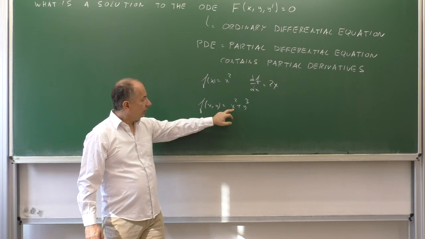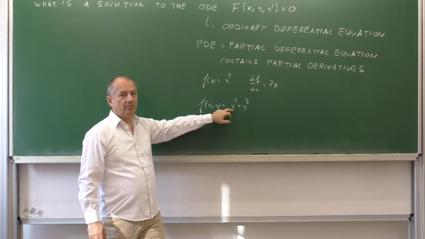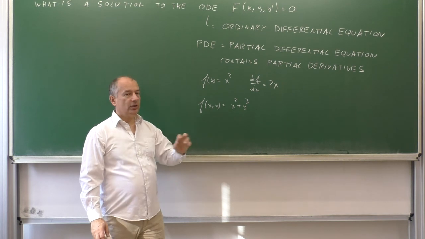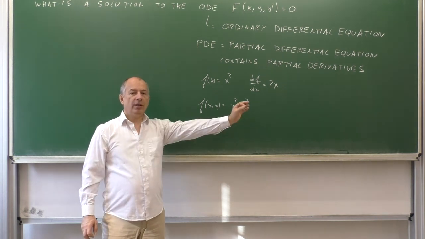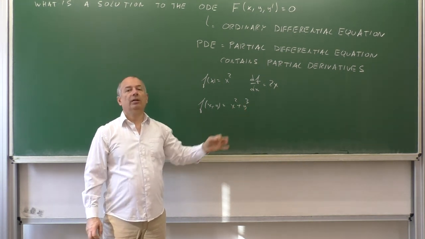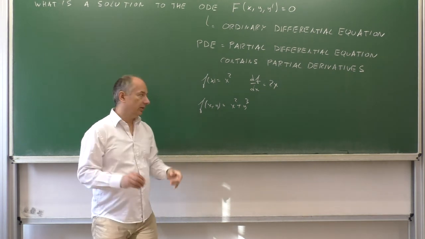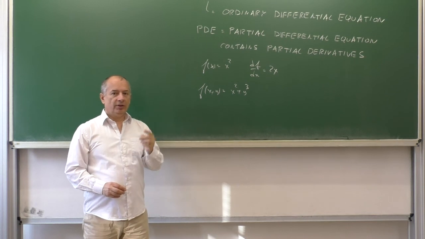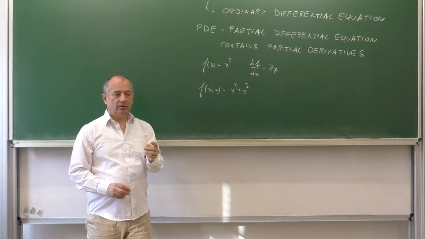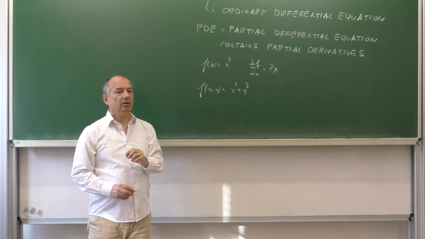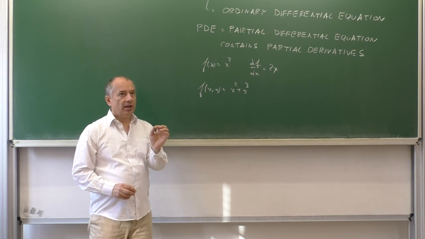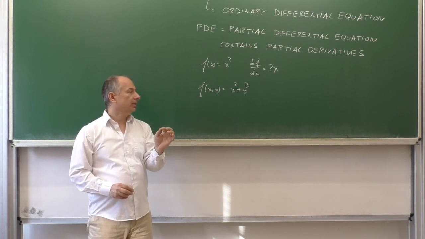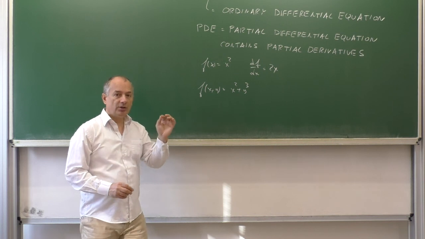We observe only one chosen variable, say x, and we consider all the remaining variables to be constant. And then we consider the derivative of this function as a function of one variable. So just one thing is changing. That means we call this a partial derivative.